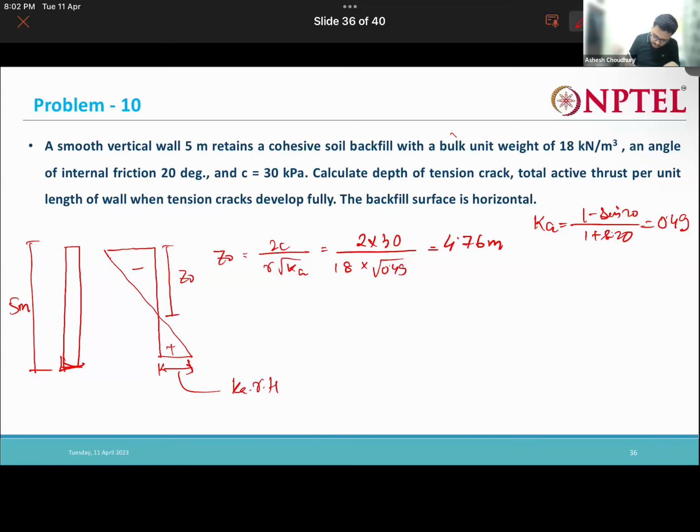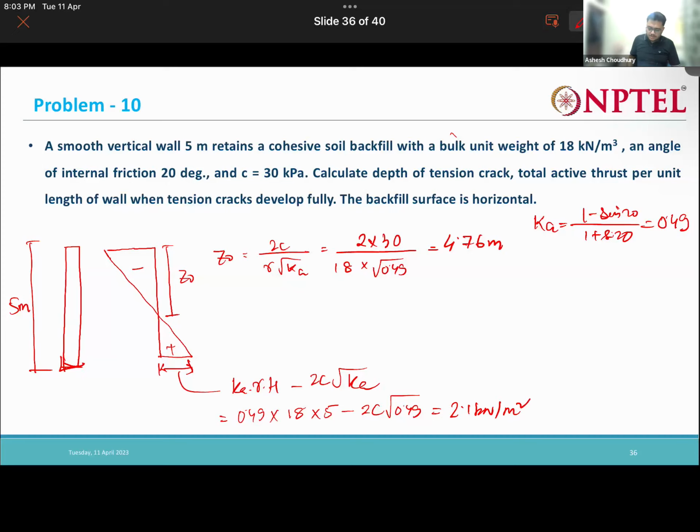K into gamma into H minus 2c root over K. K is 0.49 into 18 into H minus 2c root K. Find it out. It is 2.1 only, very less.